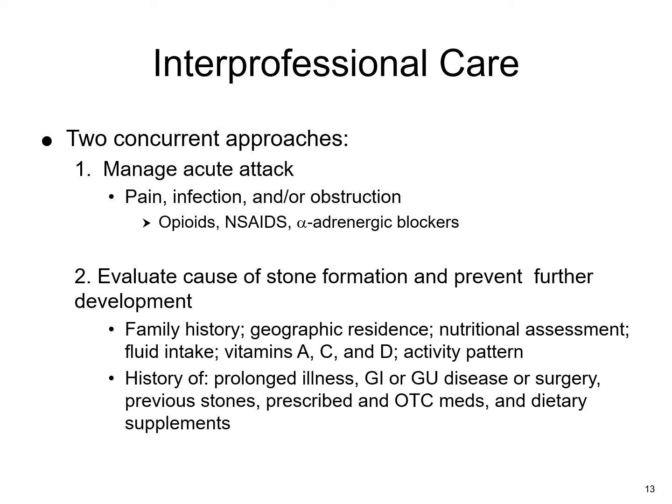That's literally the nursing assessment: family history, what are they eating, activity pattern, are they getting in and out of bed. What they are eating is a really big one. Do they have any other GI or GU disease? Have they had any surgeries recently? All of those things you are going to look at to try to figure out what is going on with your patient.